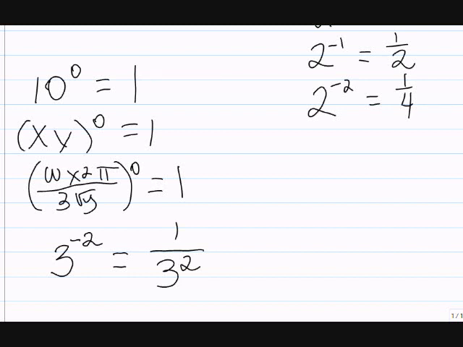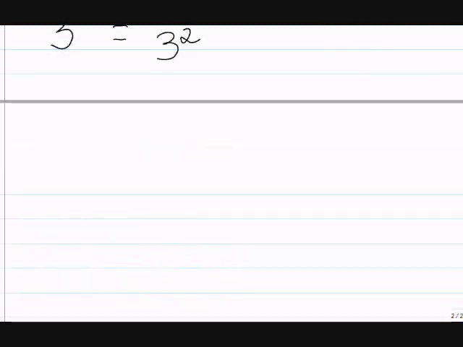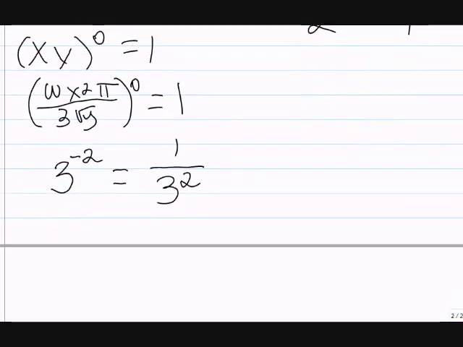And that simplifies to 1 over 9. Yeah, if it's an exponent bigger than 2, we usually just leave it because the numbers will get too large. And let me see if we got to do something a little bit more interesting.